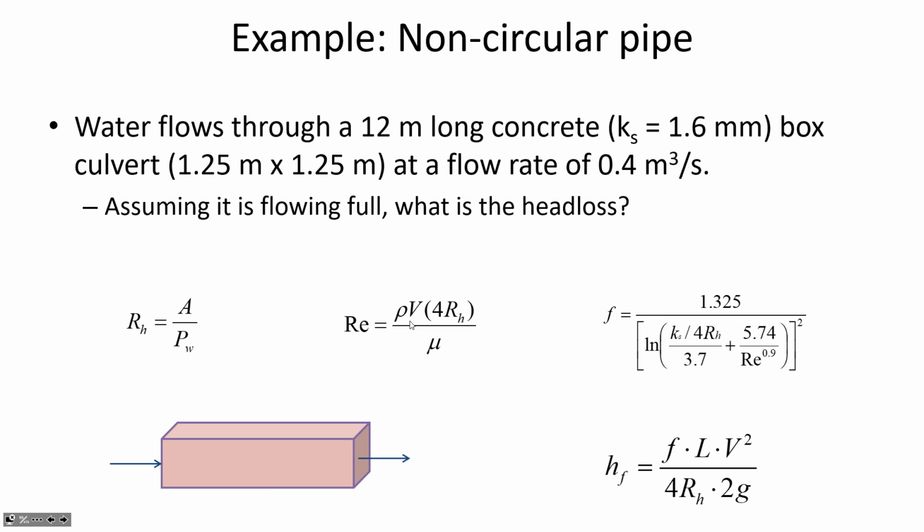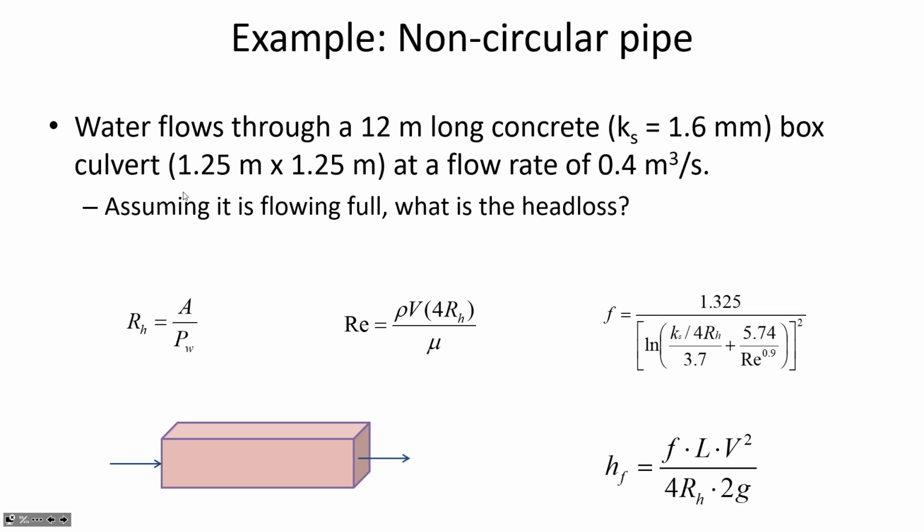For example, if we had water going through a box culvert. Because we're trying to save some time for the Three Reservoirs problem, I won't ask you to calculate this one. Let me just show you the calculations, and we'll save a bit of time that way. But the setup is we have water flowing through this concrete culvert, and the fact that it's concrete is what specifies the equivalent sand roughness of 1.6 millimeters.